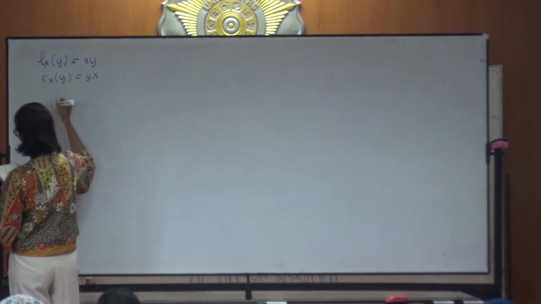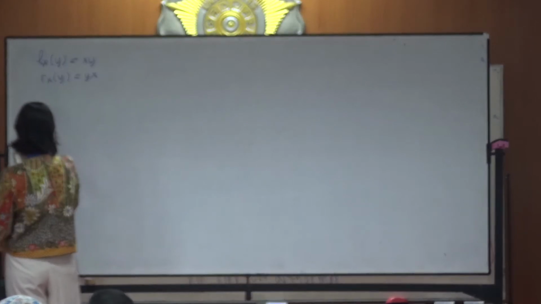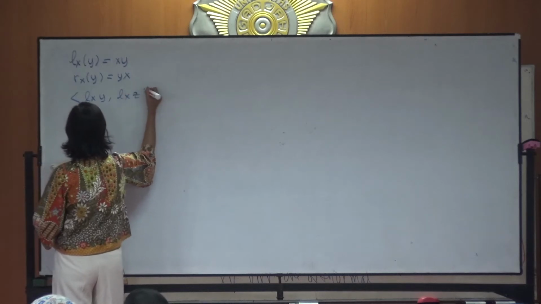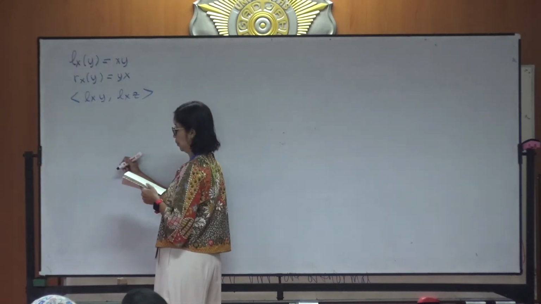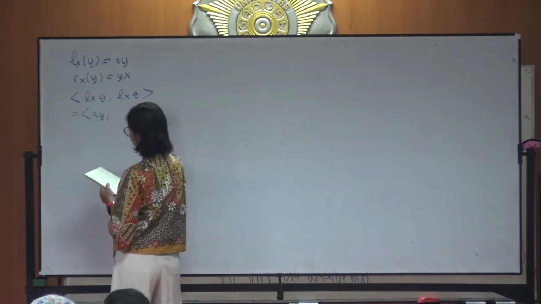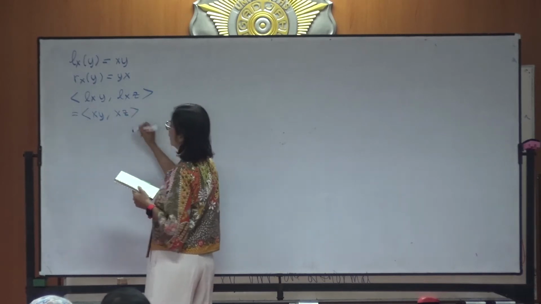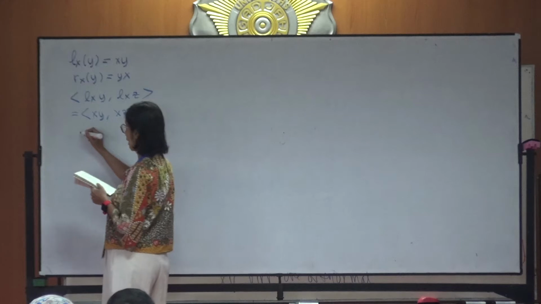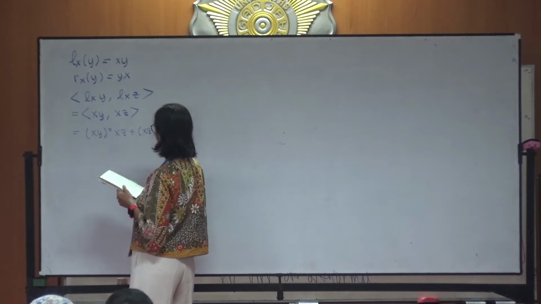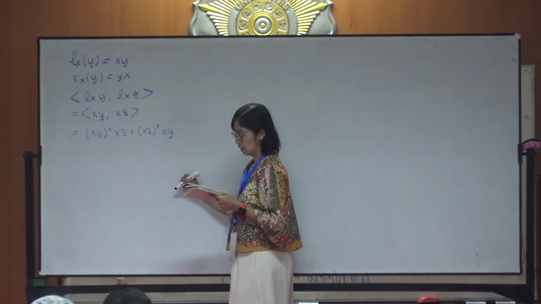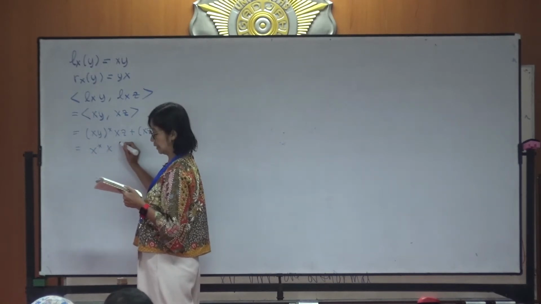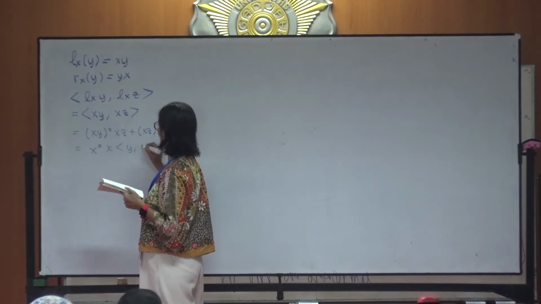First, we compute for y and z in H. By definition, L_x(y) is xy and L_x(z) is xz, and the definition of the inner product is this: xy star xz plus xz star xy, and you can get that this will be x star x times the inner product of y and z.